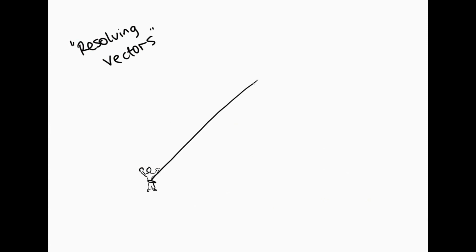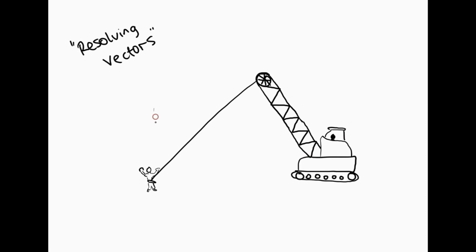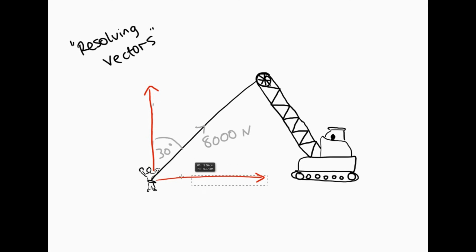By reversing this process, we can resolve a vector into two perpendicular components. I'll show you what I mean by example. Let's say a crane is trying to pick you up. The tension force in the cable is 8,000 newtons, and it's at an angle of 30 degrees from the vertical. We can split this vector into horizontal and vertical components, which again requires strong trigonometry skills at first, but soon becomes second nature.